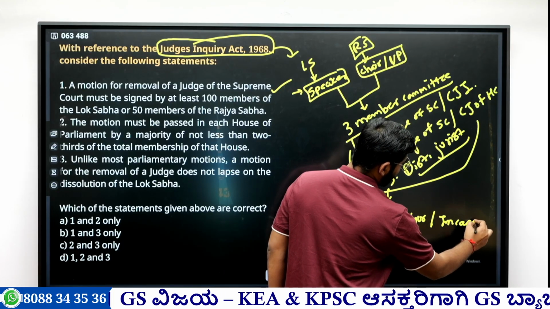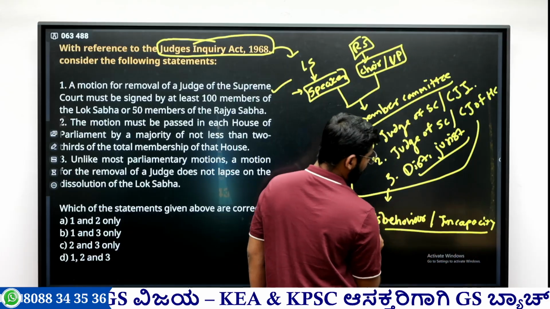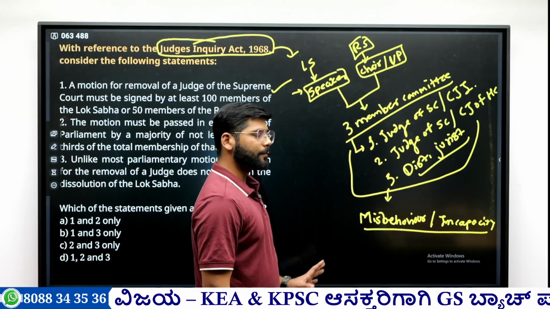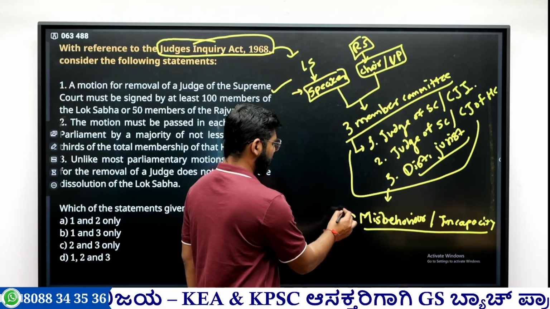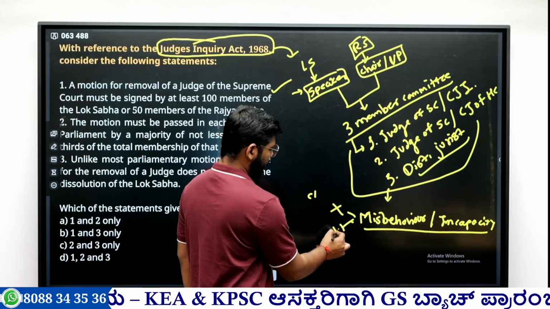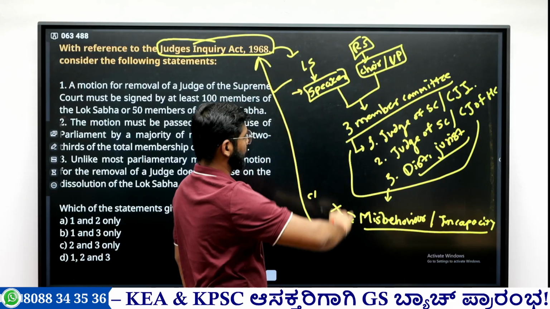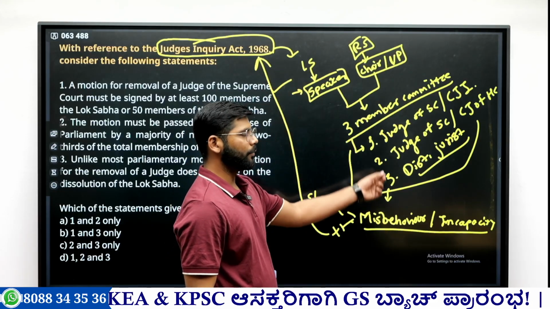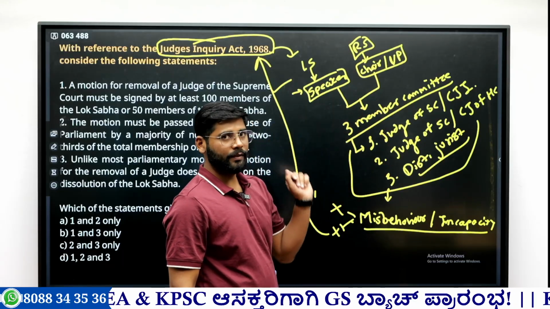When it comes to misbehavior and incapacity, it is not defined in the Constitution or in this Judges Inquiry Act. This misbehavior and incapacity will be solely determined by these people.